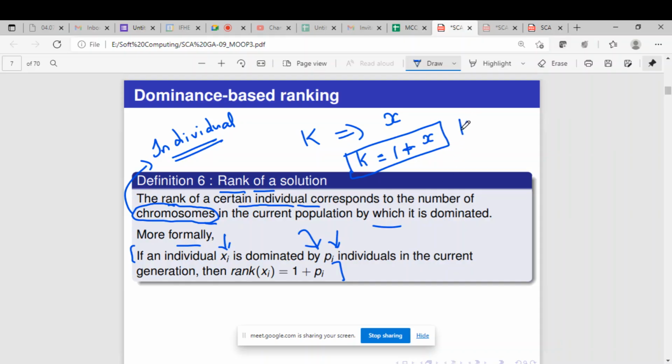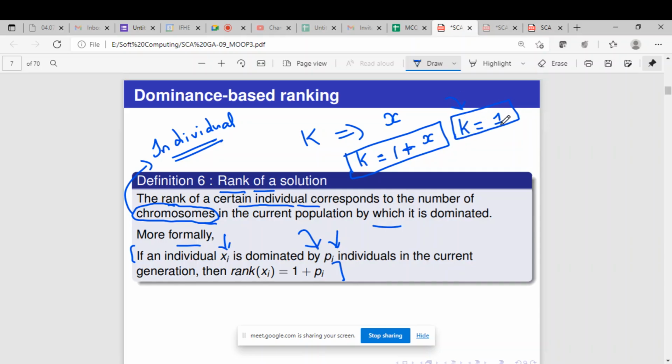If nobody is dominating k, then what will be the rank of k? It is 1, because x is 0. So this is the best rank possible: the lowest rank is the best rank, and it is 1.